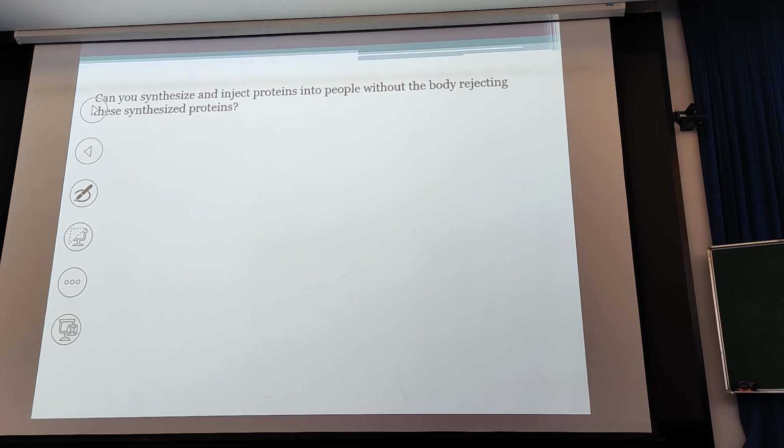In the previous case, we needed to use enzymes, or this kind of protein from other organisms, to perform the PCR reactions on human genes. So in the reverse case, can we synthesize and inject proteins into people who cannot produce that kind of protein?